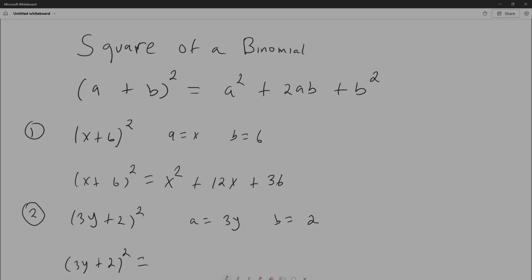So that's gonna be 3y squared, plus 2 times 3y times 2 plus b squared, which is 2 squared. Okay, so now let's solve it. That's going to be equal to 9y squared plus 12y, then plus 4.